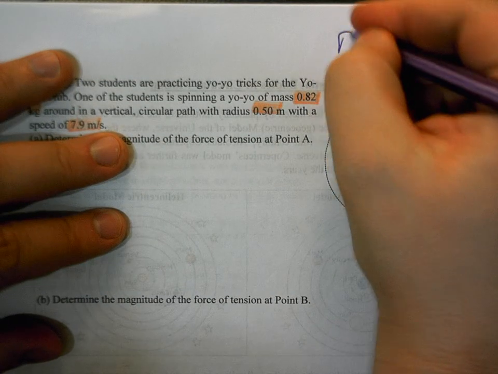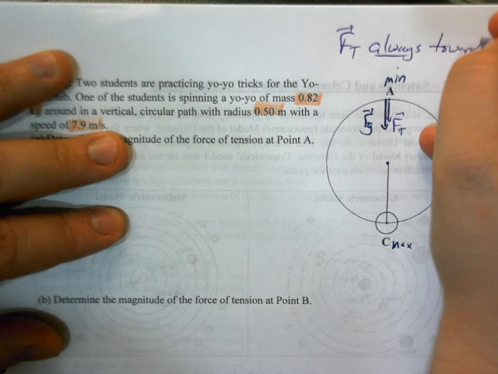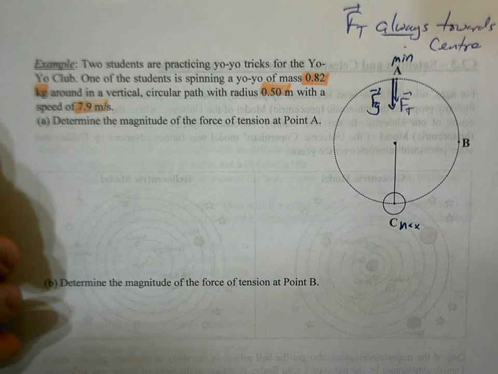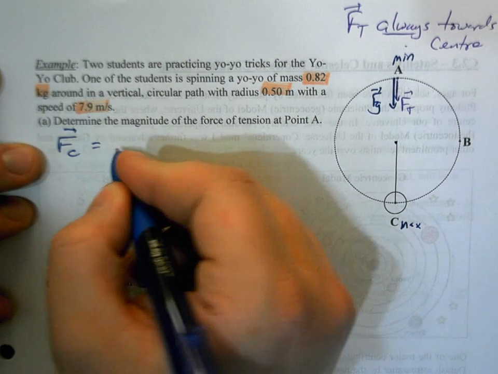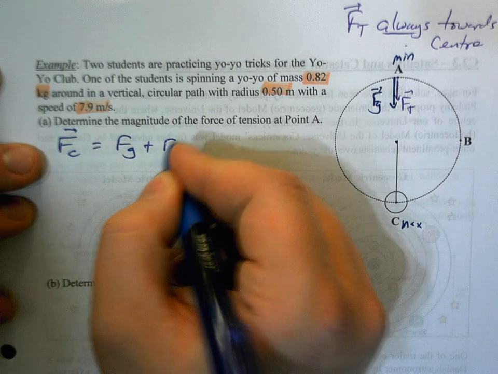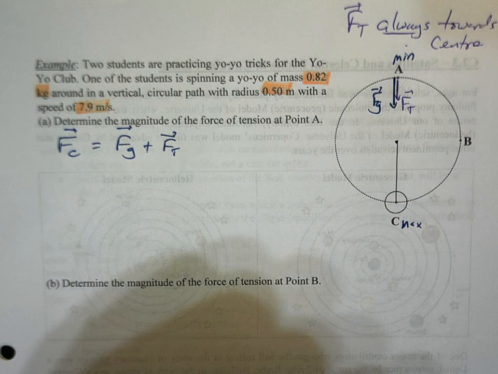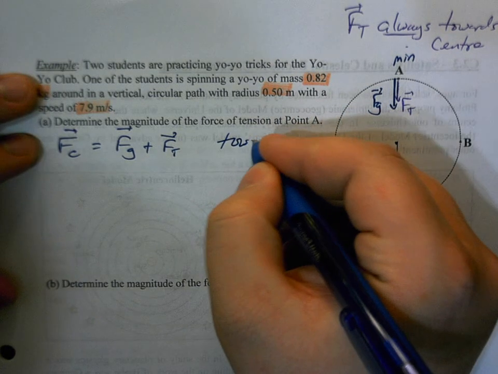And that's even worth writing: Ft always towards center. It wouldn't really make sense otherwise. So at point A, we know that the centripetal force is just going to be the force of gravity plus the force of tension, towards the center of the circle.